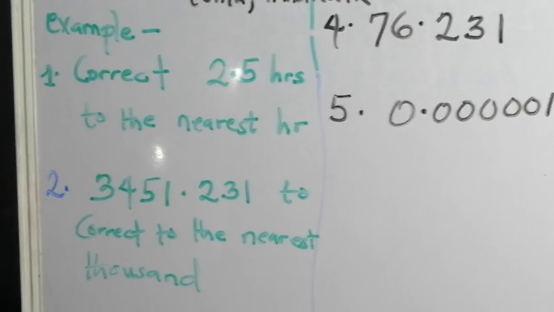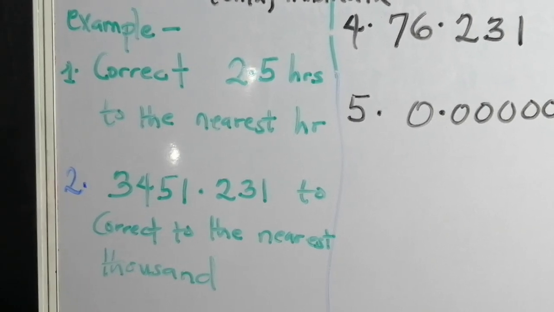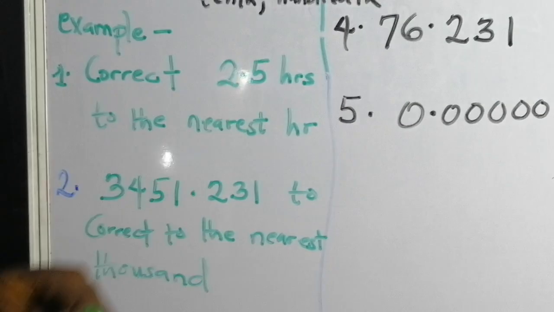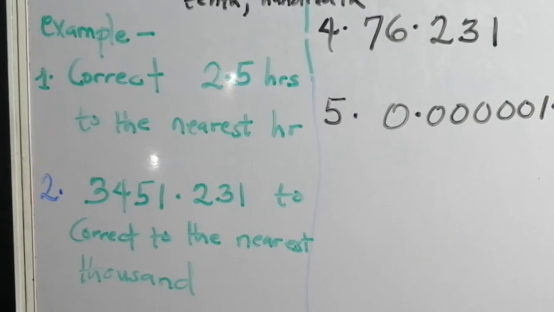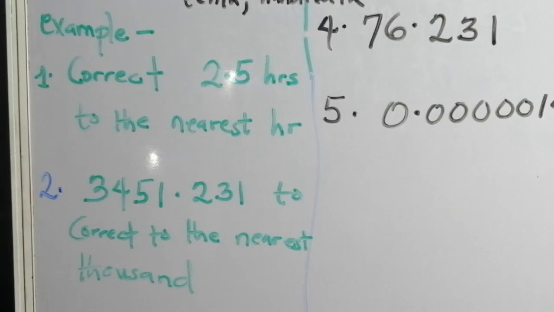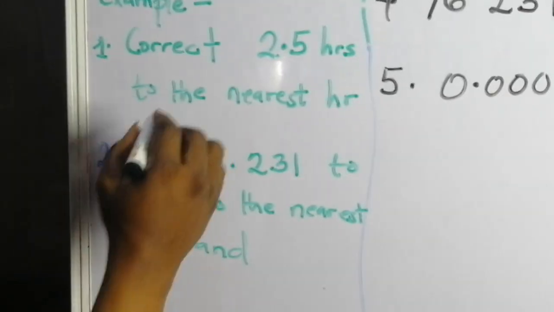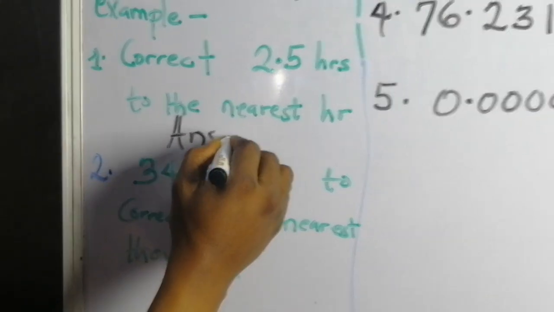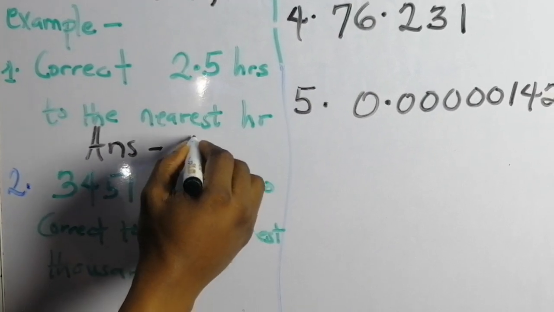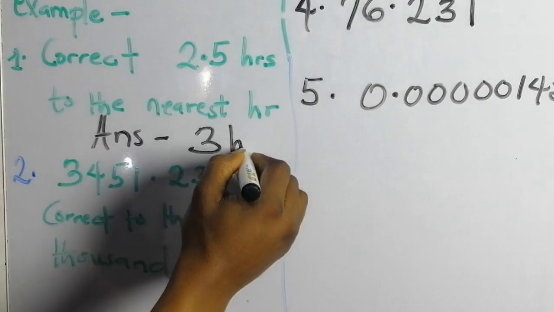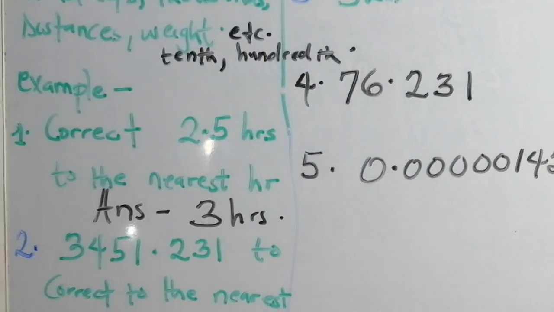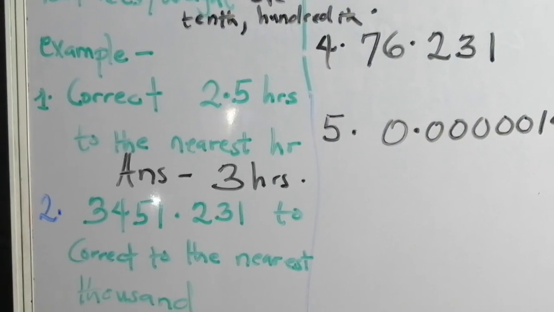In this case we're talking about time. Like I said, even in the etc here, time is also part of it. So correct 2.5 hours to the nearest hour. What is the answer? The answer here is 3 hours.